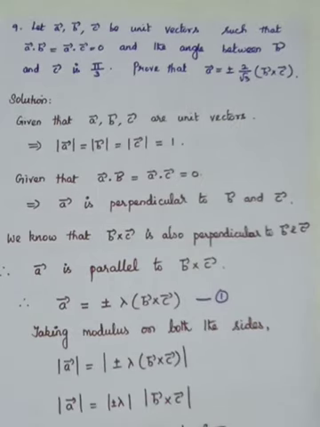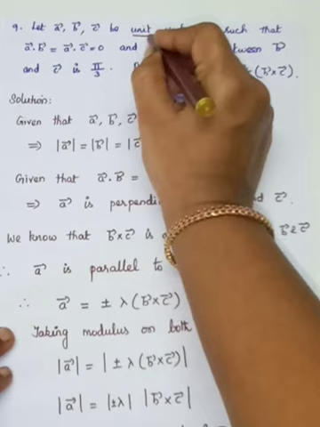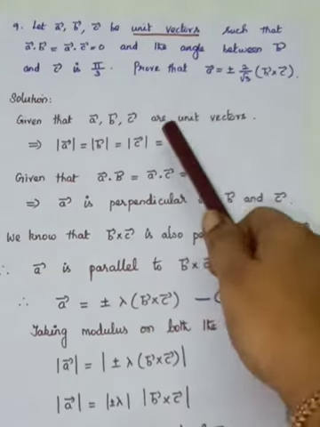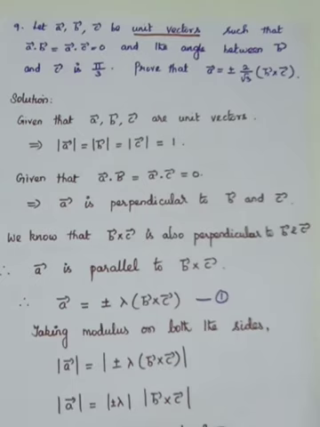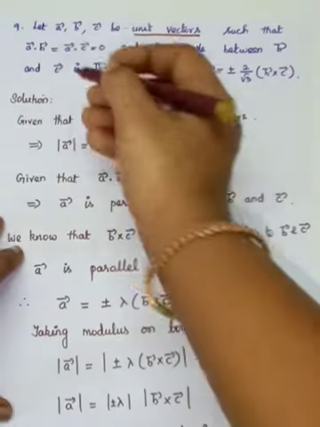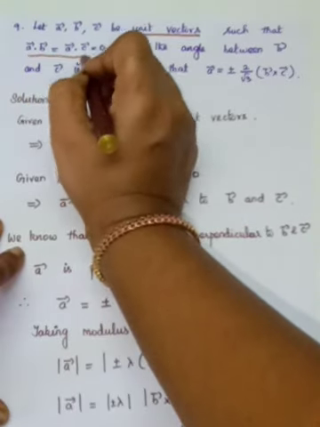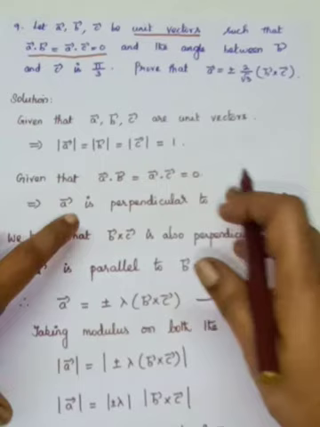What is the first result given? They are unit vectors, which means their magnitude is 1. So modulus of a vector is equal to modulus of b vector is equal to modulus of c vector is equal to 1. And what is the next result given? A dot b is equal to a dot c is equal to 0.